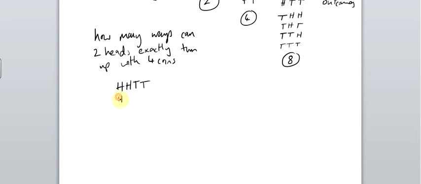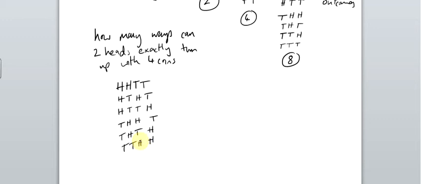Or we could have head, tail, head, tail. Or head, tail, tail, head. Or even tail, head, head, tail. Or tail, head, tail, head. Or tail, tail, head, head.